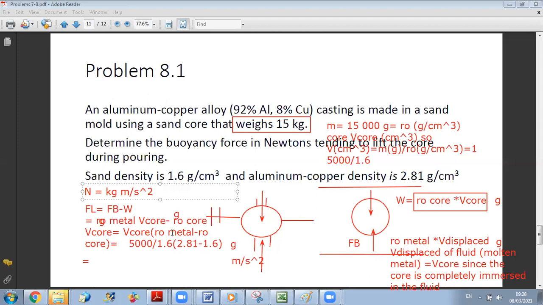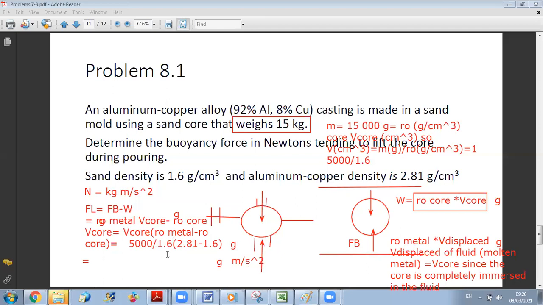So if you want to convert to Newton, what you get here is gram meter per second square. So to convert to Newton, what should we do? We should divide the result by 1000. Or you put just your unit as gram meter per second square.